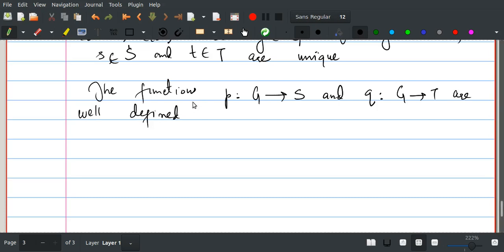This follows from the hypothesis, they are well defined because of the uniqueness hypothesis.